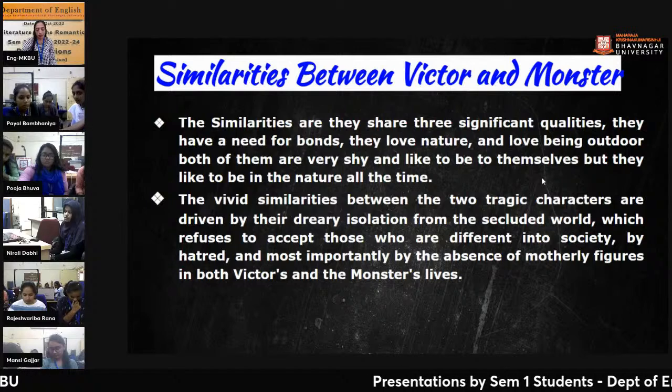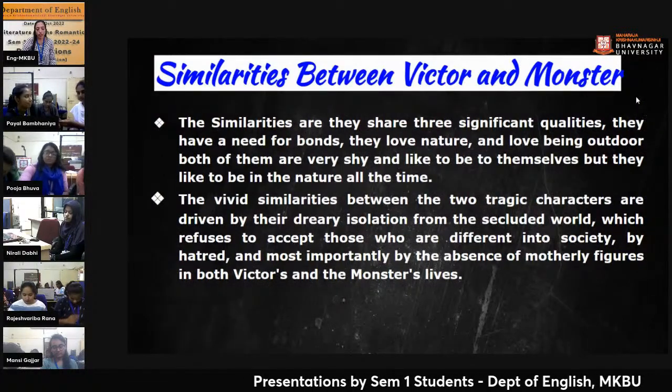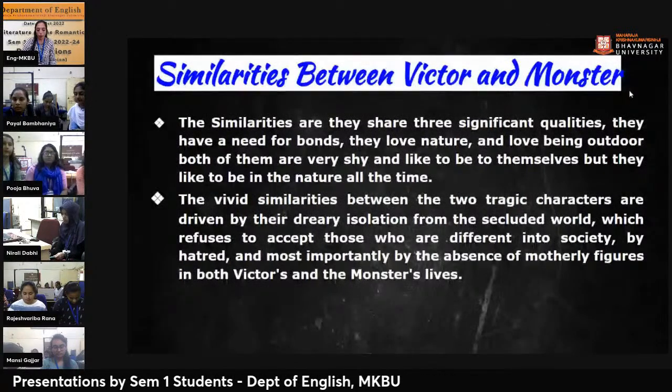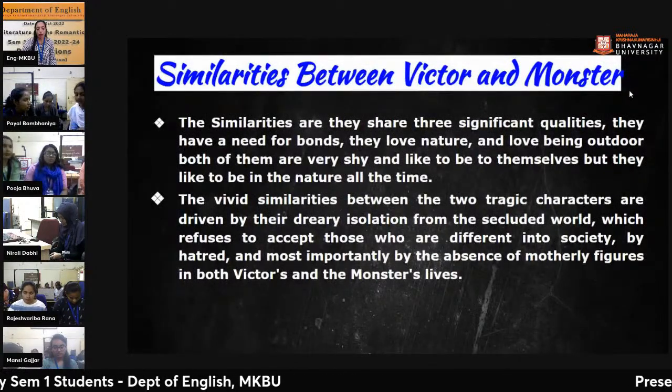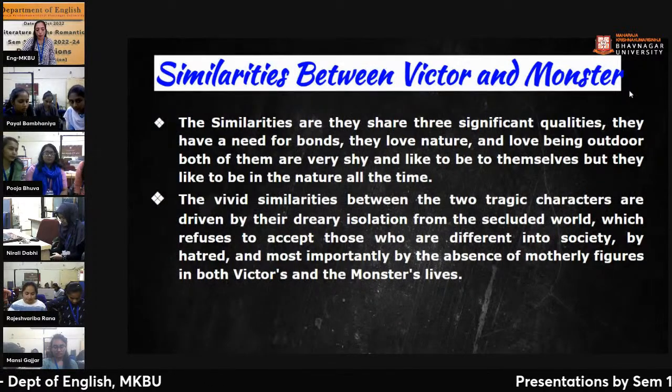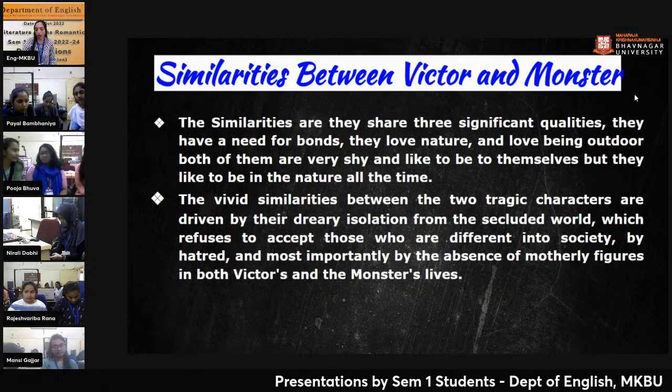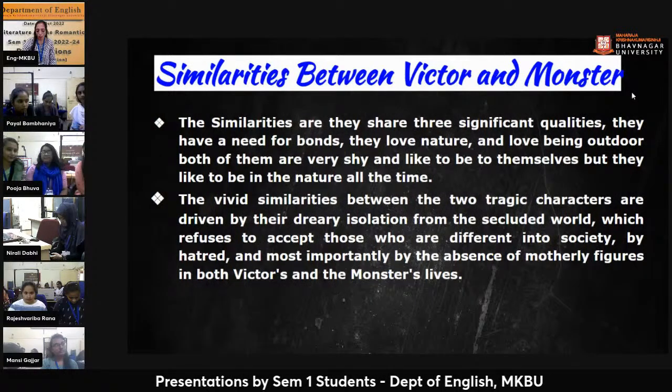In these similarities, Victor and the monster both face the same problem. They both are hated by society and other people.